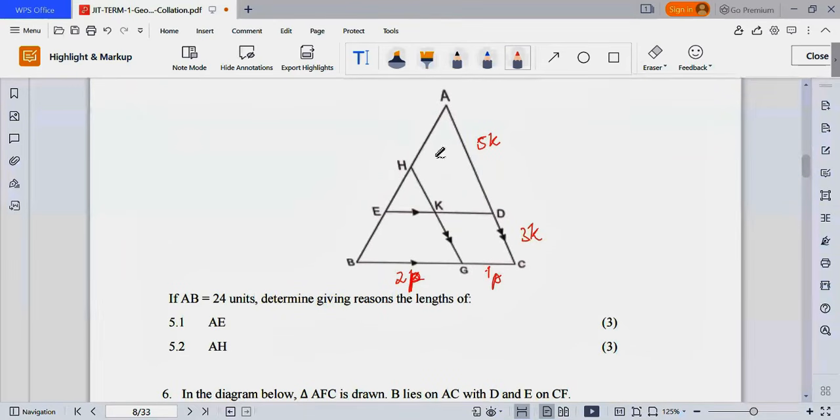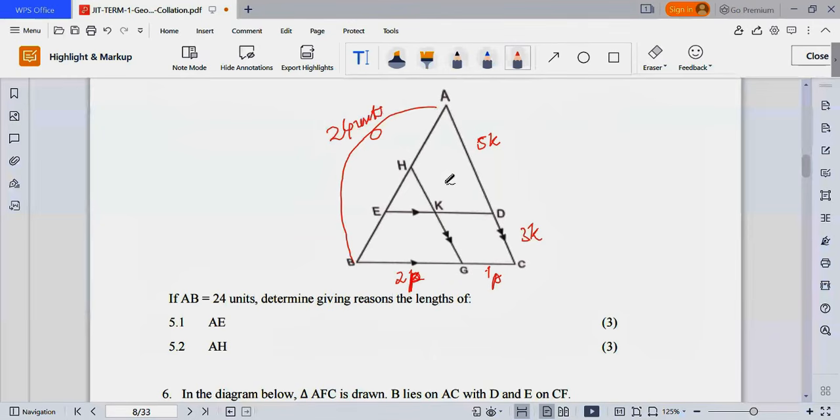So number one, let's fill in the AB that we are given. AB is 24 units. Again, this one is similar to the one that we just solved.